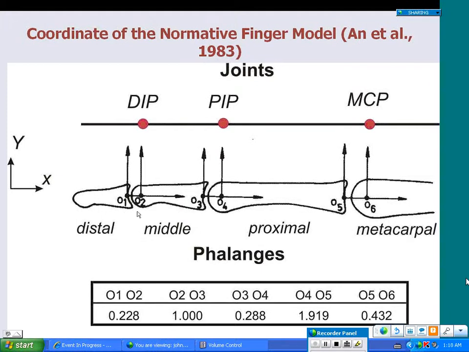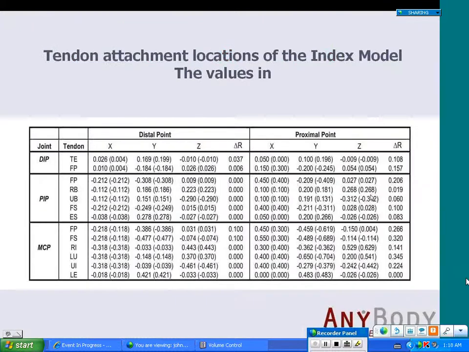So across each joint, DIP, PIP, MCP, we have the tendon attached to two locations, as shown in this model. For example, at DIP, there's one side a distal point, then another side a proximal point, then the tendon, TE tendon, across this joint is attached to one location, this coordinate, and the other location, this coordinate.